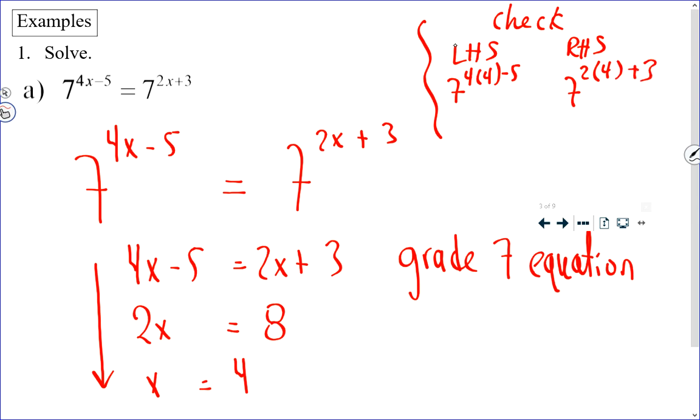All I'm doing is putting my solution in for x on the left and the right side. And what I end up with on the left-hand side, 4 times 4 is 16, minus 5 is 11. So I get 7 raised to the 11. When I look at the right-hand side, I have 2 multiplied by 4, which is 8, plus 3 for an exponent, which is 11. So you get 7 raised to the 11.